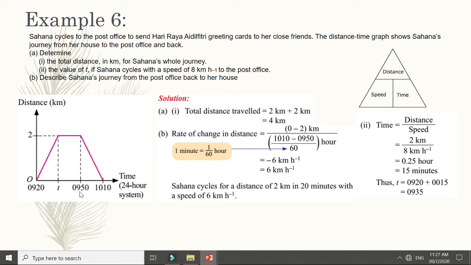If 1010 minus 950, so you will have 20 minutes. And then when you divide by 60, here you will have negative 2 divided by the answer given. So you will have negative 6 km per hour. Okay, the negative 6 meaning that she goes back. Therefore, to describe, Sahana cycled for a distance of 2 km in 20 minutes with a speed of 6 km per hour.